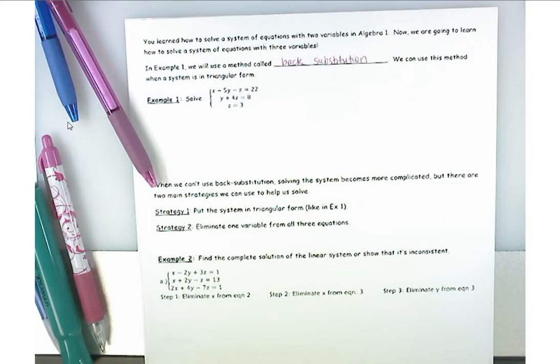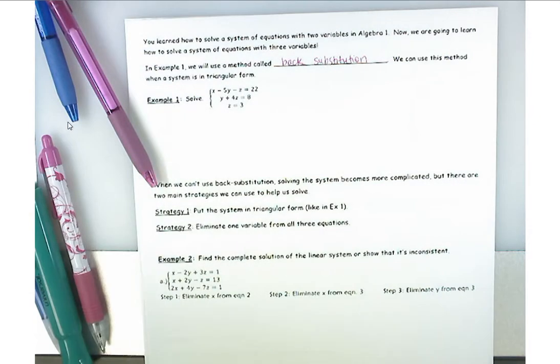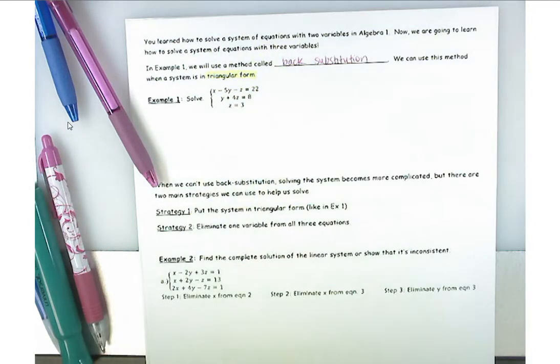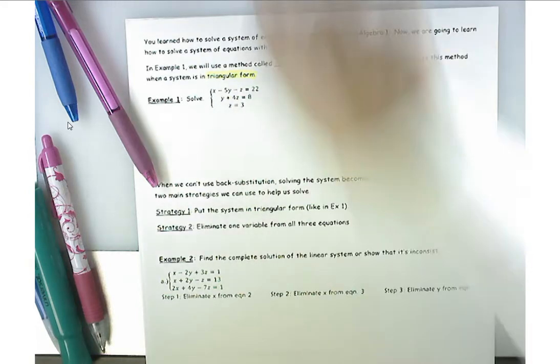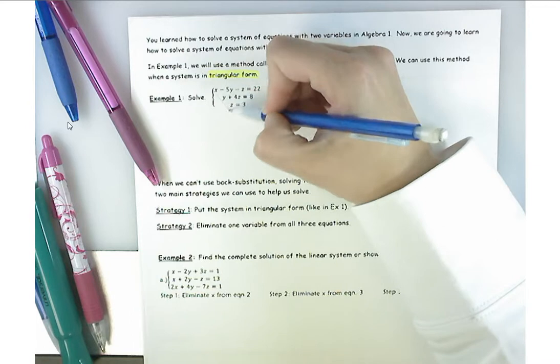So we can use this whenever a system is in what we call triangular form. And our next system is. Right, we say it's in triangular form because these make a triangle, your variables here.